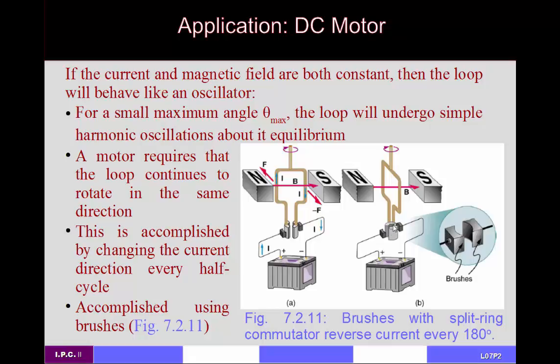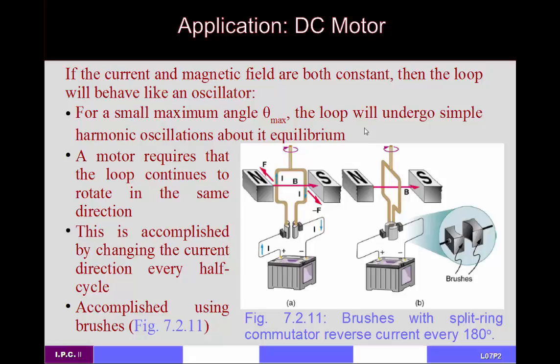So at some point there's no current. And then when these come back in contact again, this one, which was initially touching the negative side, will now be touching the positive side. This one that was initially attached to the positive will now be attached to the negative. So the current's going to flip directions, and therefore the torque is going to stay in the same direction. So this thing will just keep spinning and spinning.